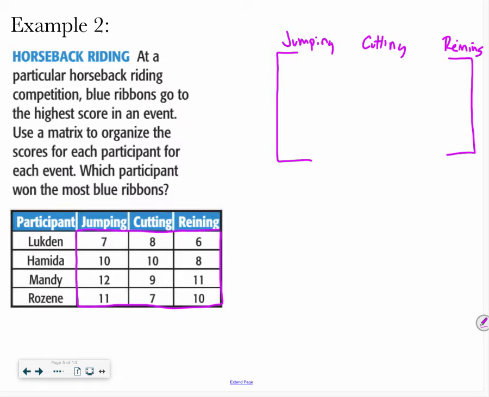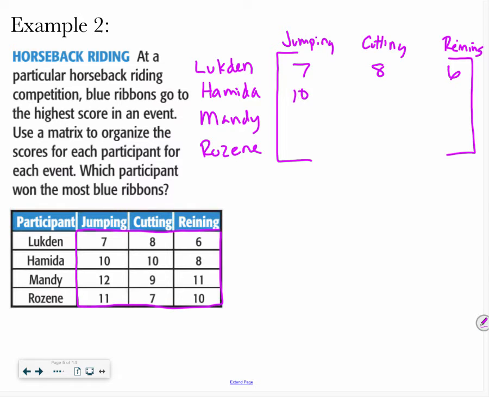So these are all the events at the horseback riding competition. And then we have the various participants. Okay, so now I just transfer these numbers over. So instead of being in a table format, it is in a matrix format. That's really all I have to do at first.